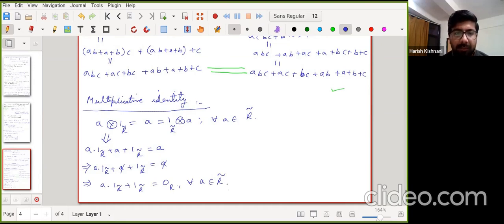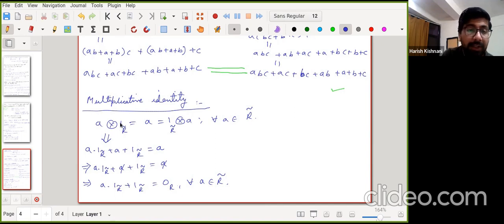So are you guys able to follow? What we are doing is we just want an element inside the ring R tilde such that on multiplying it with every element of R tilde, we get the element back. That is the definition of multiplicative identity. So we want A multiplied with 1 of R tilde.